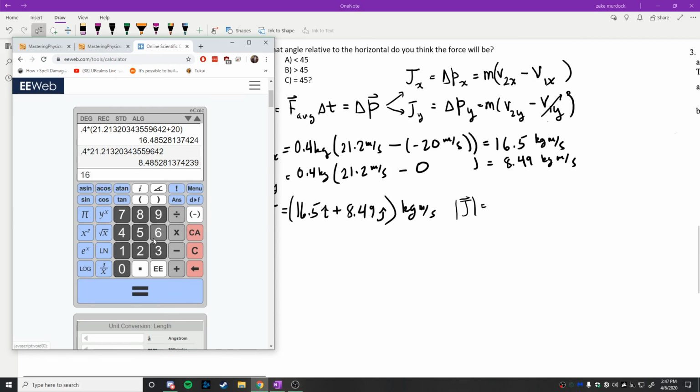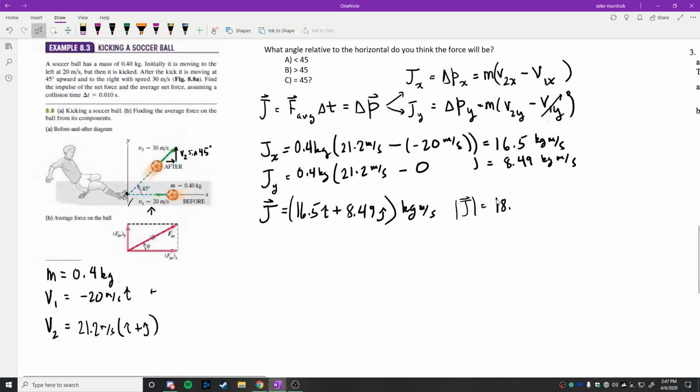So we take 16.5 squared plus 8.49 squared, and then raise this to the one half. We could put square root in front too, that works fine. So we get 18.6 or so. The unit is kilogram meters per second.